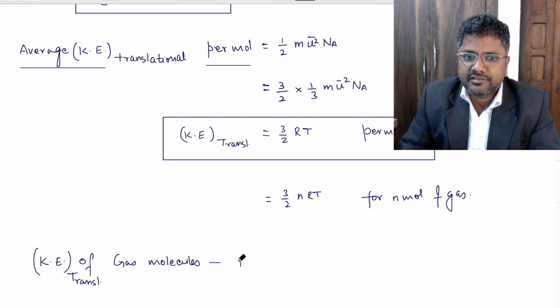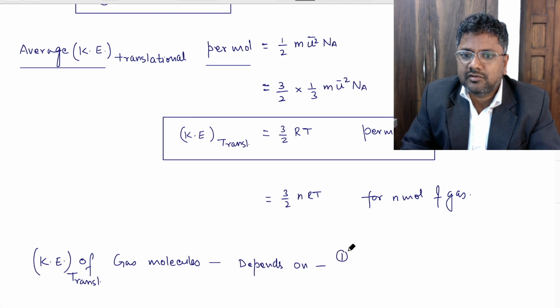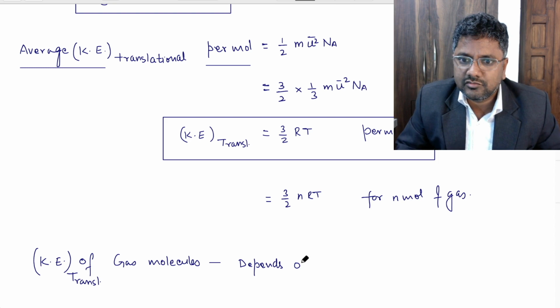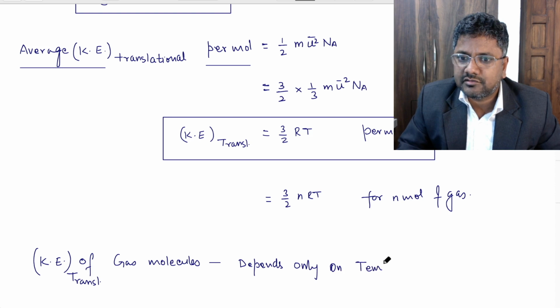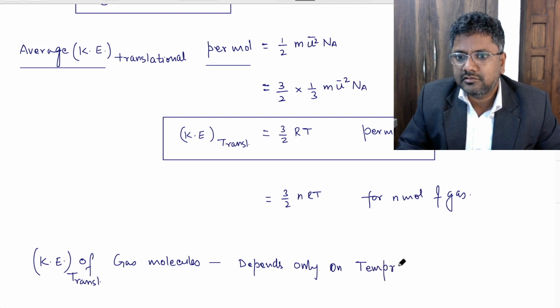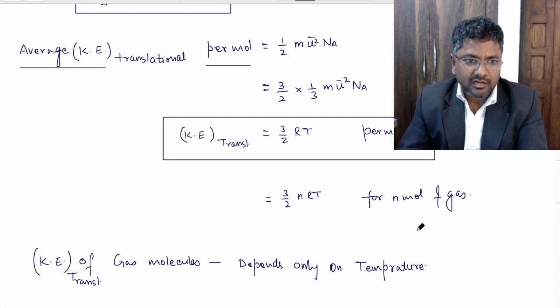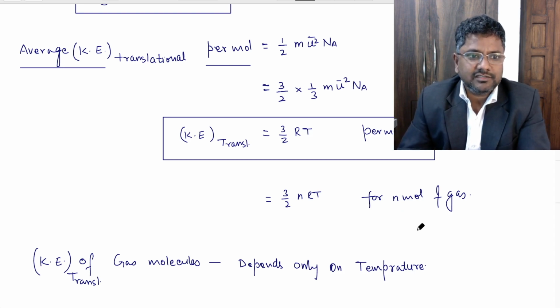It is independent of the molar mass or density, right?